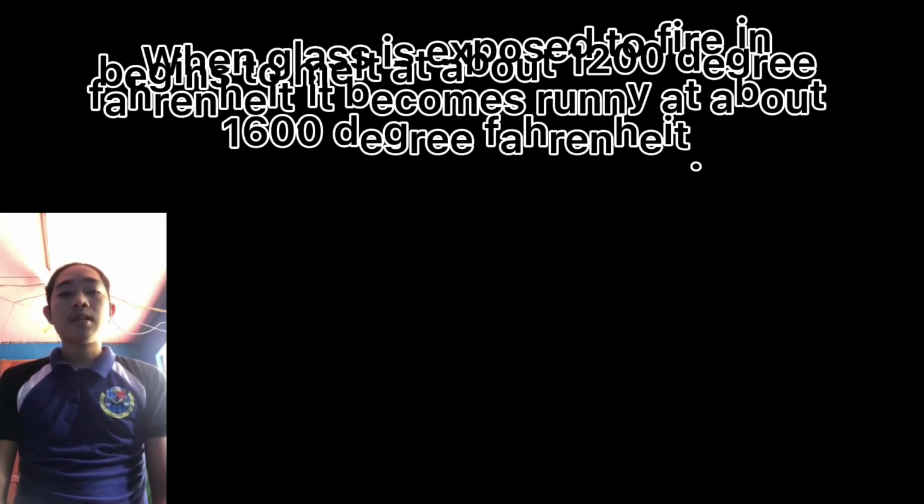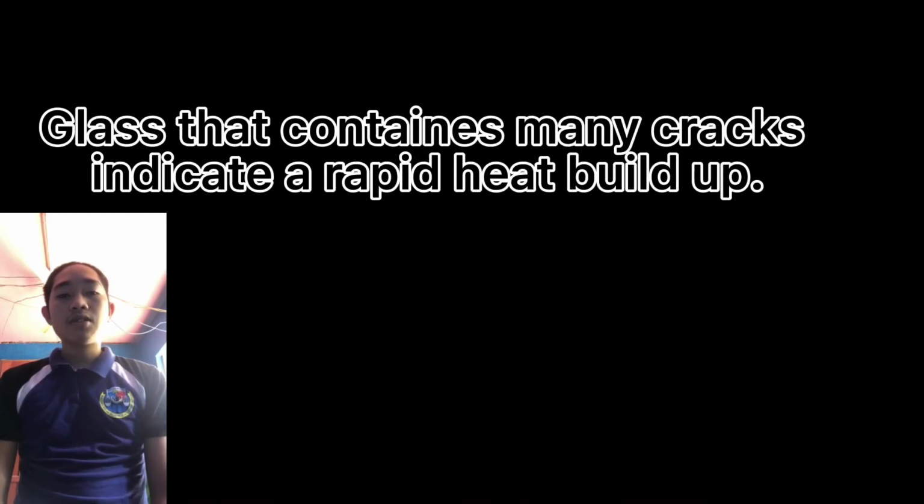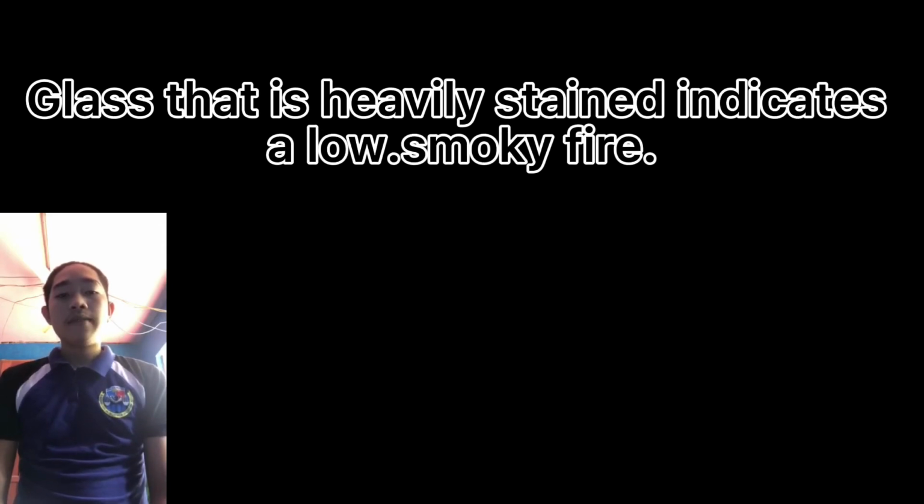When glass is exposed to fire, it begins to melt at about 1200 degrees Fahrenheit. It becomes runny at about 1600 degrees Fahrenheit. Glass that contains many cracks indicates a rapid heat buildup. Glass that is heavily stained indicates a slow smoky fire.